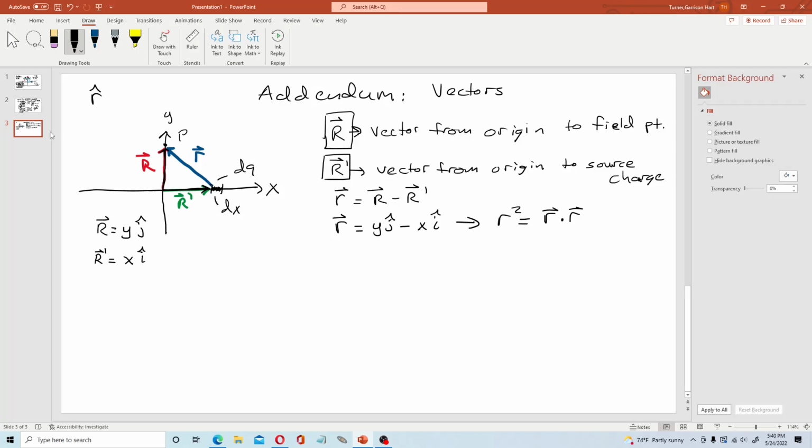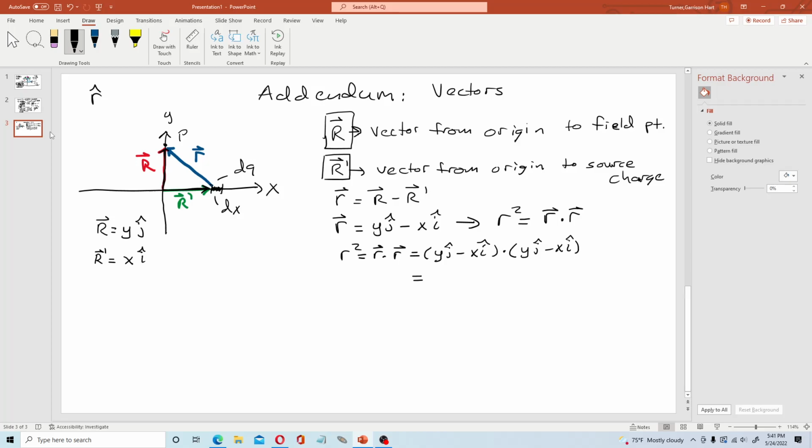So, to dot this vector into itself, we would take y in the j direction minus x in the i direction and dot that into itself, y in the j direction minus x in the i direction.